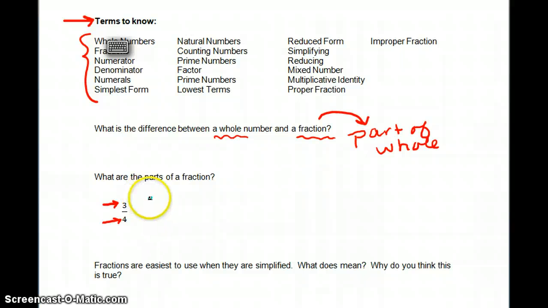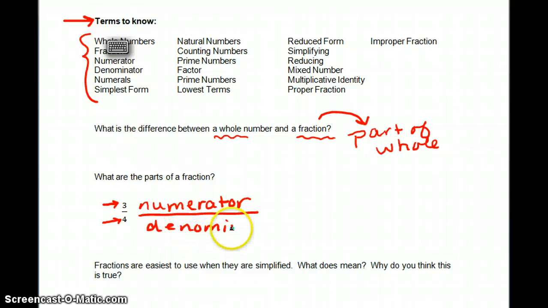So the top part is called the numerator. And the bottom portion of that fraction is the denominator. So we have the numerator and the denominator.